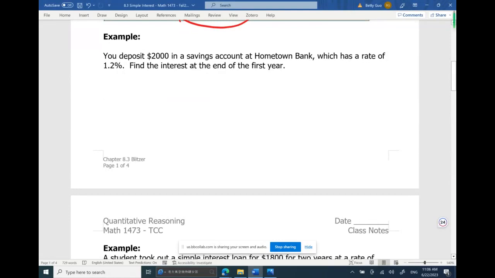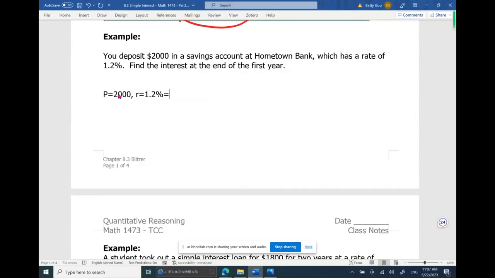So let's organize the information we have so far. P is 2,000. That's the principal, right? R, annual interest rate, is 1.2%. Also given. I can just quickly convert a percent to its equivalent decimal.